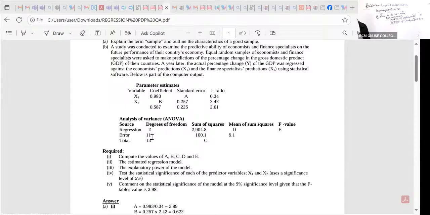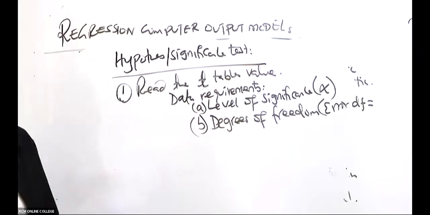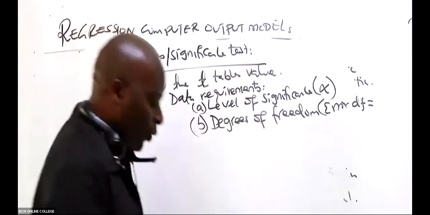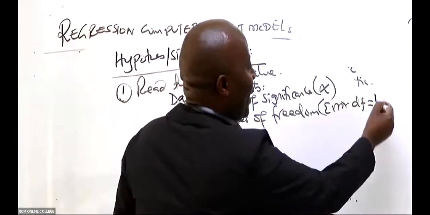Under the ANOVA you'll be able to see error degrees of freedom. They are 11. But in most cases, they won't give you that. So the error degrees of freedom are 11.